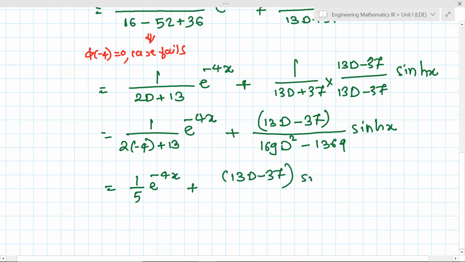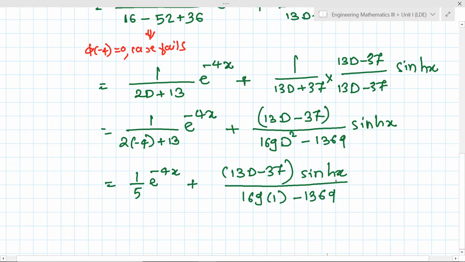So therefore it is 1 by 5 into e raised to minus 4x, plus, now here 13D minus 37 into sine hyperbolic x. Now replace D square by plus a square. a is 1. So therefore 169 into 1 minus 1369. And that's it, we are in the final stage.